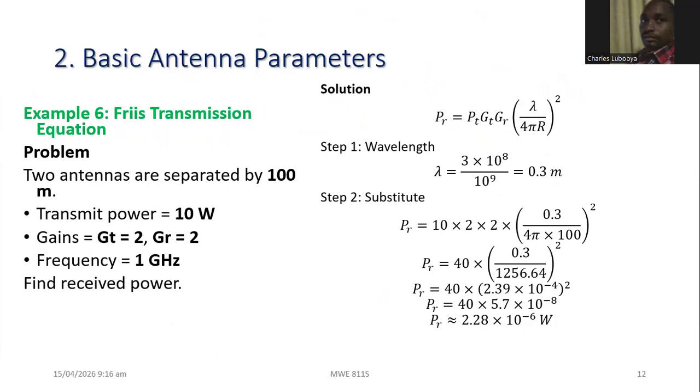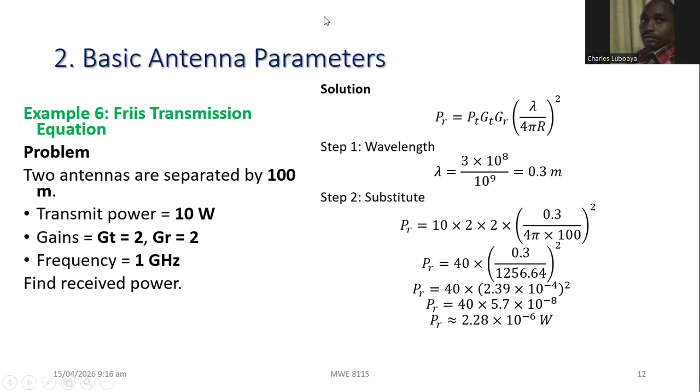And you're also given that the transmit power is 10 watts. And you know that the gain for the transmitter and the gain for the receiver are each given as 2. Then you can actually find the received power given the frequency, if the operating frequency is 1 gigahertz.